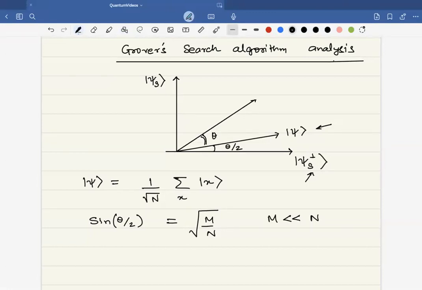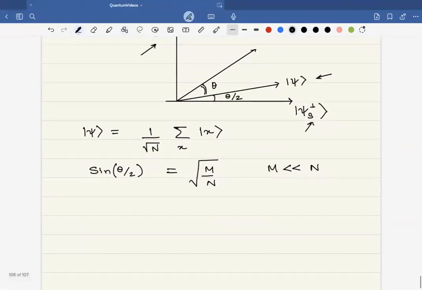So now the question is, how many iterations do we need to get close to this solution space, right? So theta is given by this equation, and one can do the expansion of theta. So the expansion of theta looks like this.